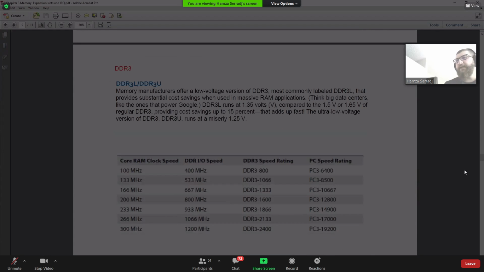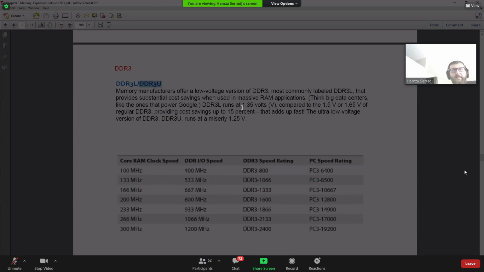DDR3. On DDR3, we get some improvement here. It's called low voltage and ultra low voltage. So we have two kinds of DDR3. One is DDR3L, DDR3U. This is for low voltage. This is for ultra low voltage. Why did we do that? And what is it exactly first? As you can see here, we are talking about electricity and voltages, right?